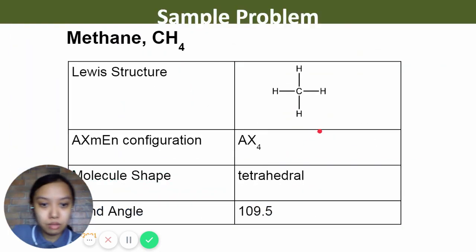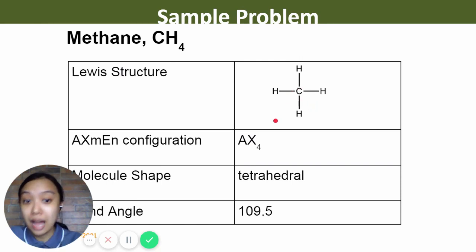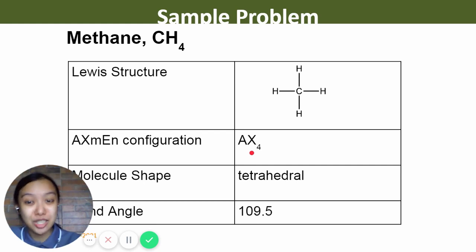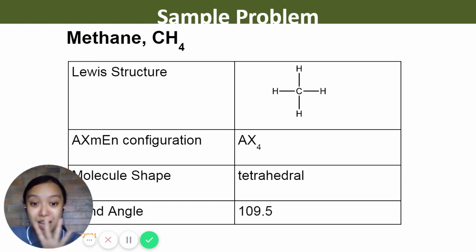So let's start with the following ones. Here we have methane. If you look at methane, what is the central atom? Your central atom is carbon. Here we have X4 for our AXE configuration. Where do we get the 4? From the hydrogens attached. Because there are 4 hydrogens attached, the code is AX4.